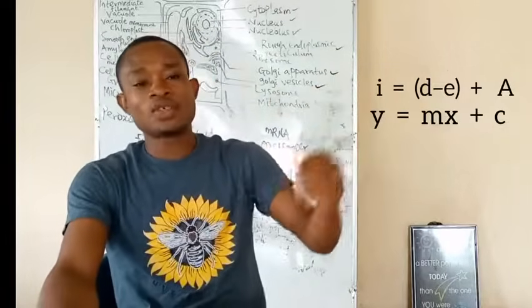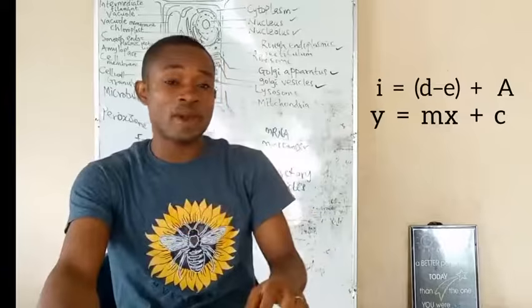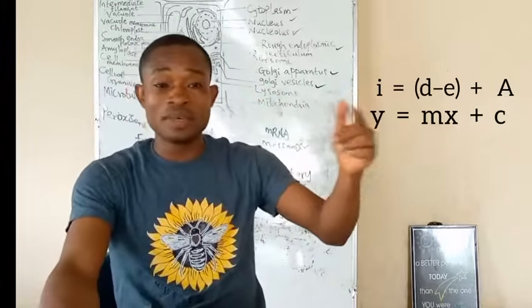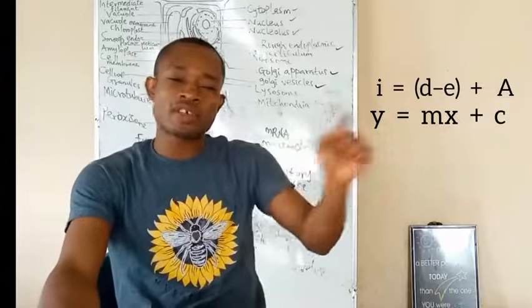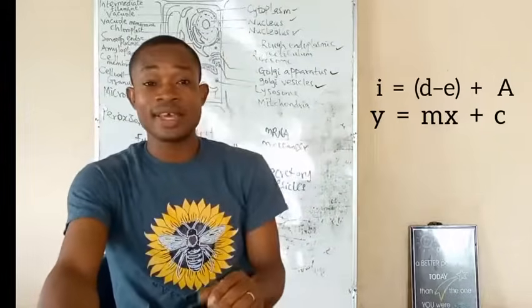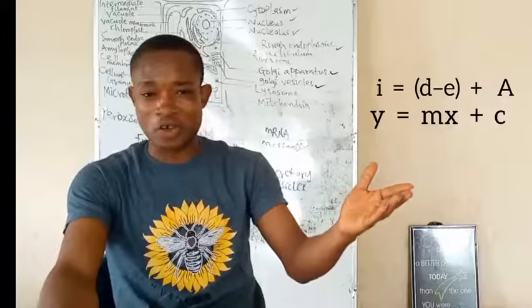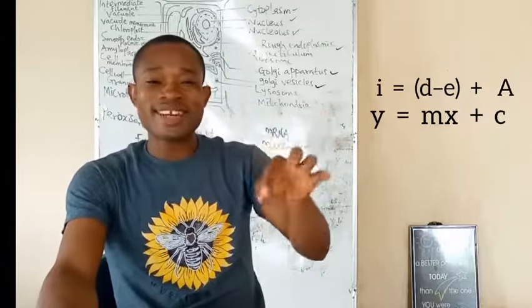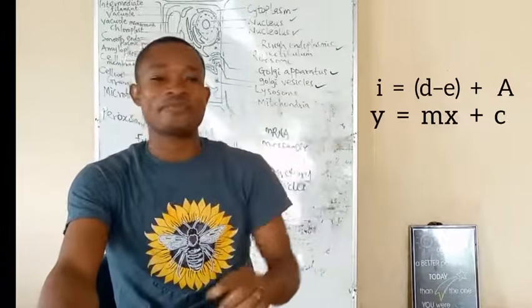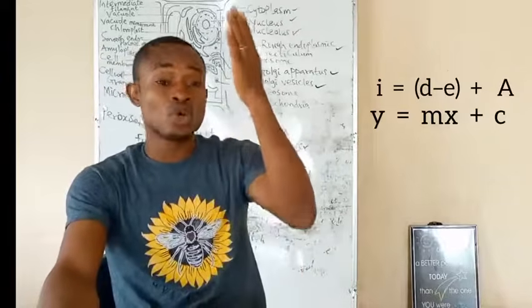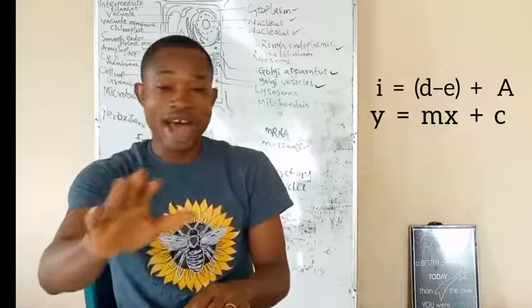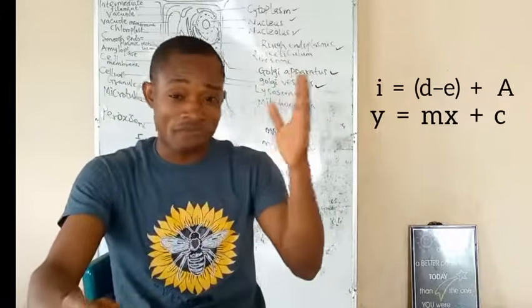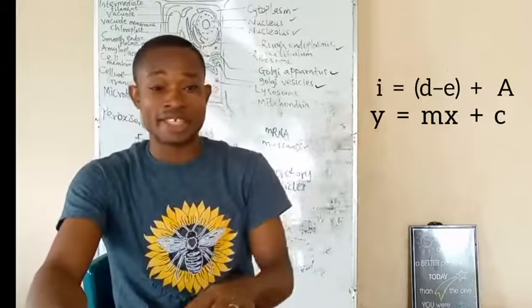Now if you compare it to the equation guiding our experiment, I equal to (D minus E) plus A, what is multiplying D minus E, which we plotted on the x-axis, is a visible 1, as you are seeing in the equation. So automatically the slope of this graph will be equal to 1. Although we were not asked to find it because it's already 1 from the theoretical equation guiding the experiment.